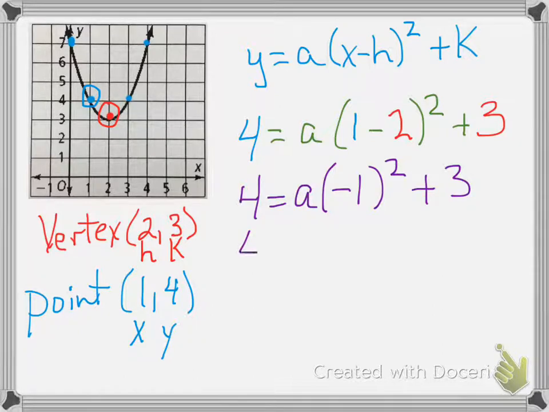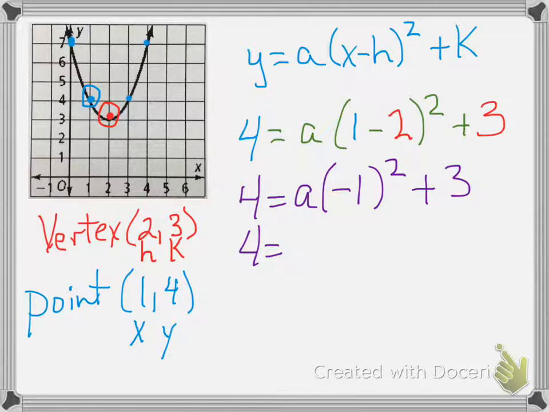So 4 is equal to, what is -1 squared? -1. Try again. Don't use your calculator. Remember, whenever we have squares, my answers are always going to be positive because we have a negative times a negative.